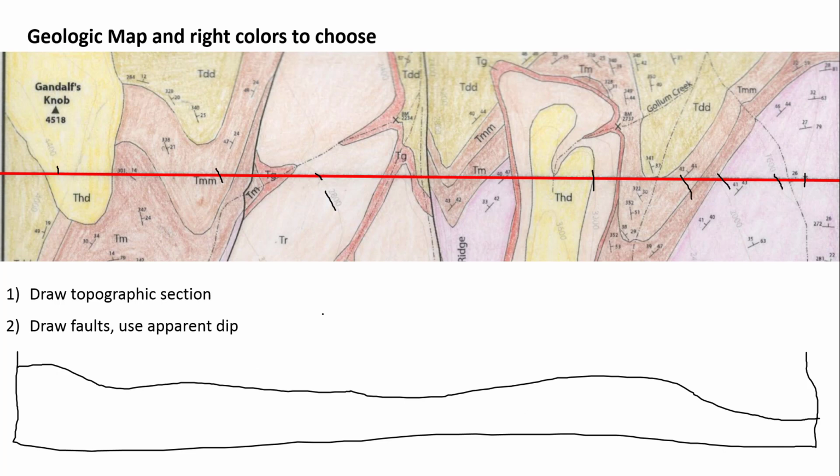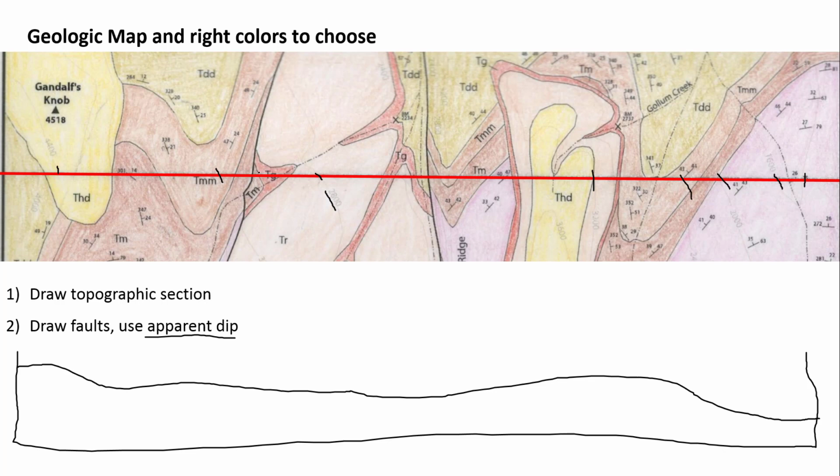This is step one. Step two is finding the faults and plotting them. But for plotting, you're going to use the apparent dip, because at some locations maybe your cross section is perpendicular to the fault, maybe it's not.